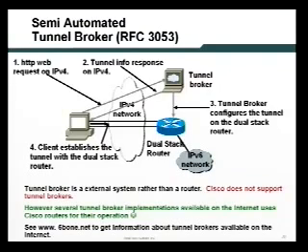The tunnel is formed between the dual stack router and my machine at home, over the IPv4 internet. And that dual stack router has a way to get to the IPv6 internet. These services are available right now. In fact, if you go to 6bone.net, these services are available for free.